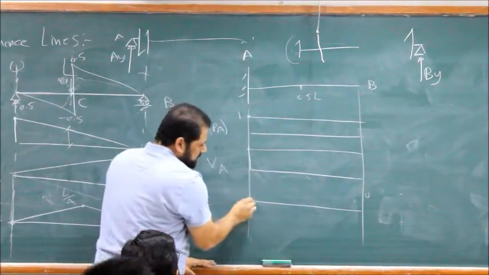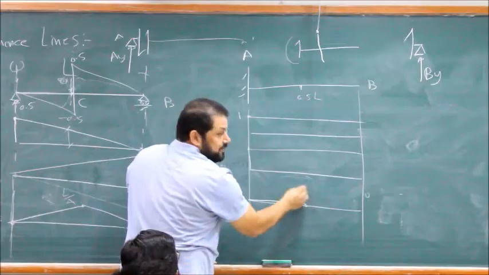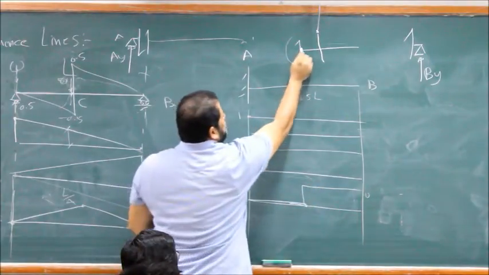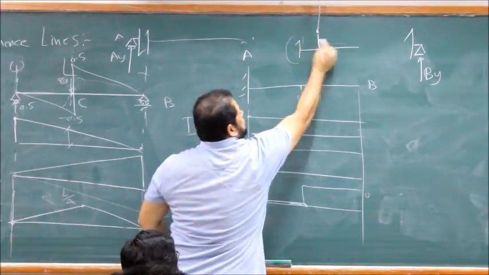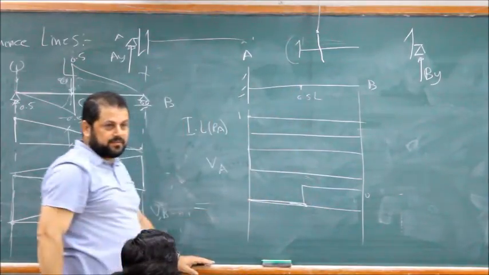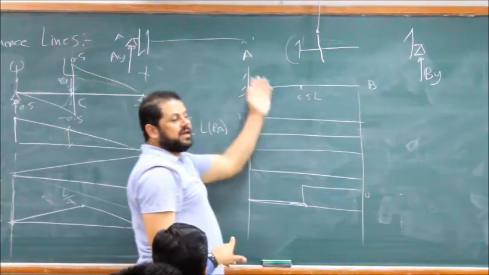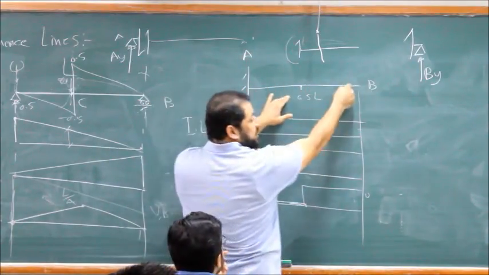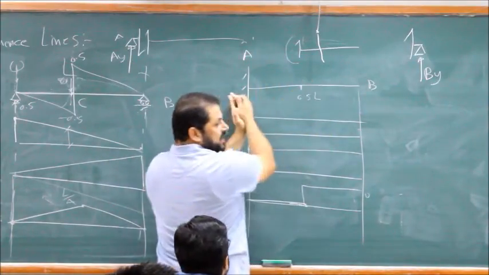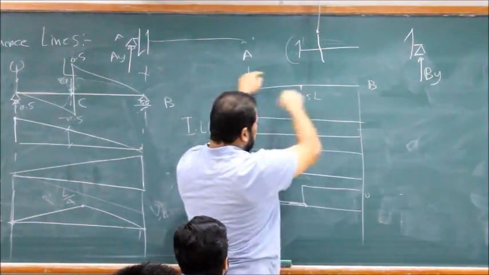So it's 0 till you reach here. Then 1 load. It's 1 here. The unit load can be at any location, here, here, here. If the unit load is before that, nothing will develop in the beam.